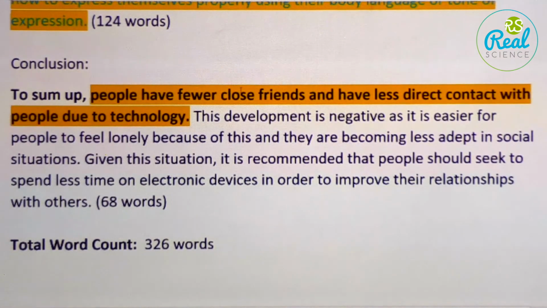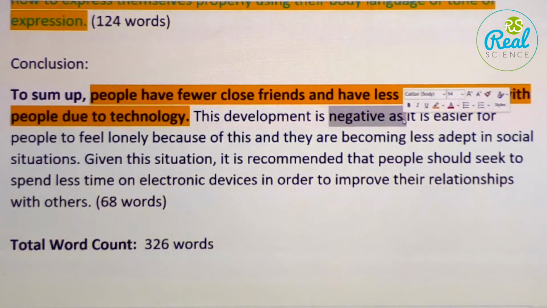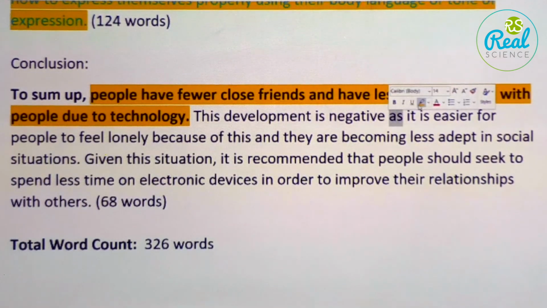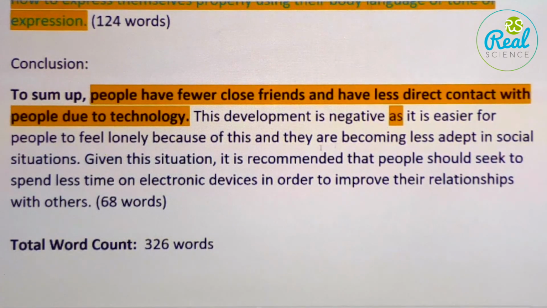Fewer friends was mentioned in the first paragraph. Now, look, it's saying this development is negative as it's easier. By as, what is the student doing? Explaining, yes, giving further explanation. Good example.